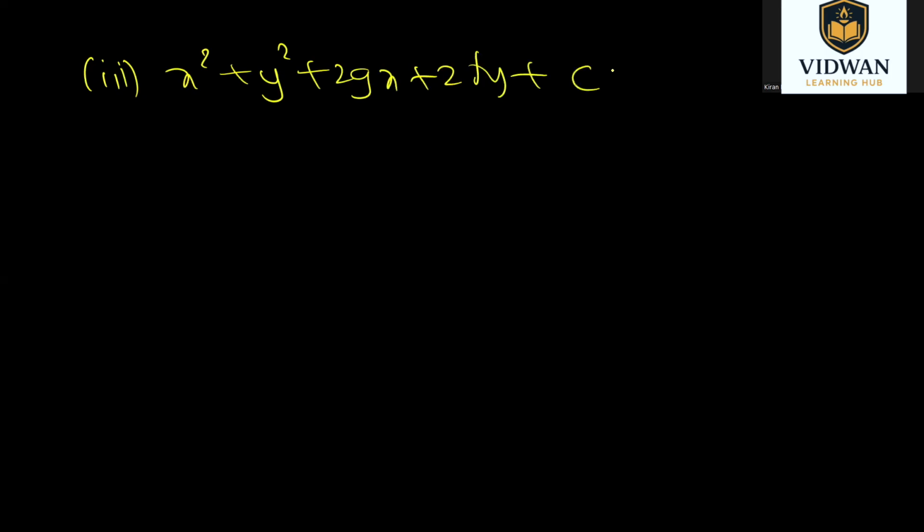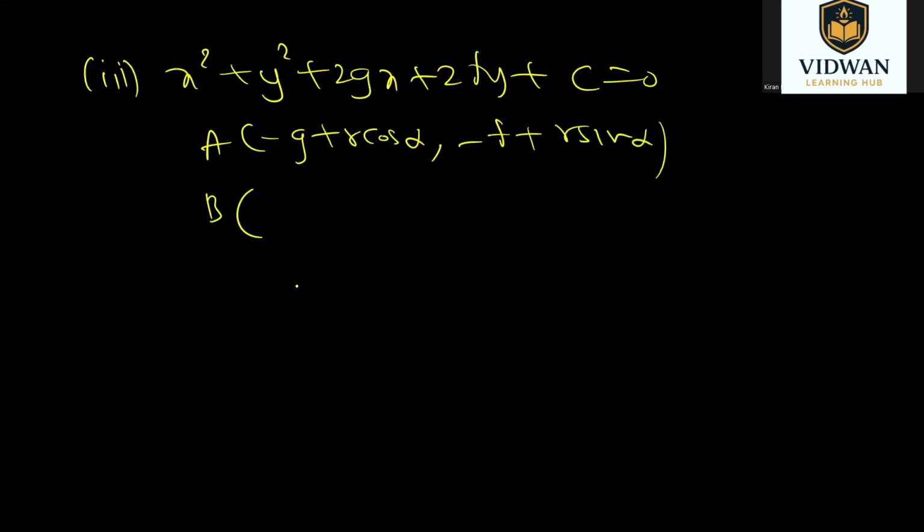And in case they give you the circle as x² + y² + 2gx + 2fy + c = 0, the parametric coordinates for any point on this would be given by (−g + r cos α, −f + r sin α) and (−g + r cos β, −f + r sin β).